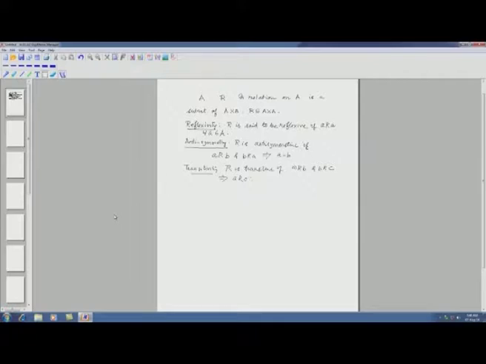Now, a relation R is said to be a partial order if it is reflexive, antisymmetric and transitive.